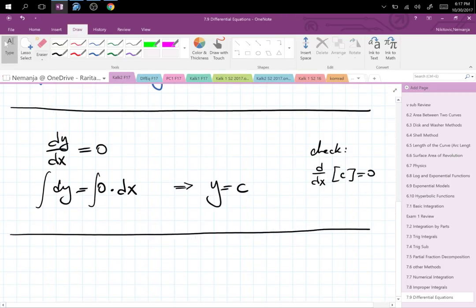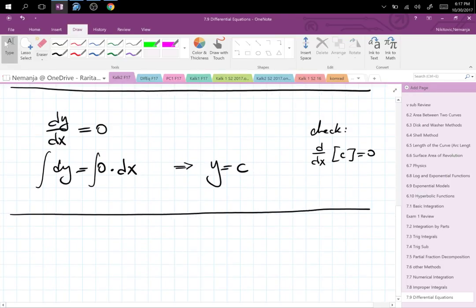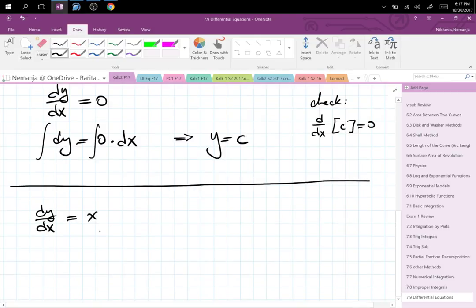You can take a look at a slightly spicier case. dy dx is equal to x. So now you do the same thing. You move dx to the other side, and then you integrate both sides.